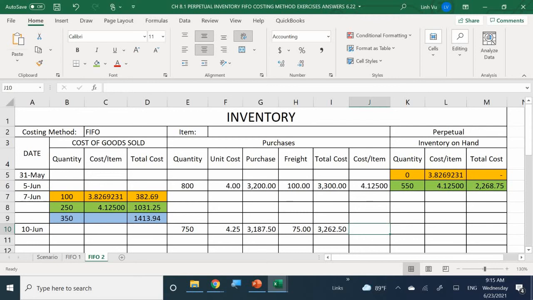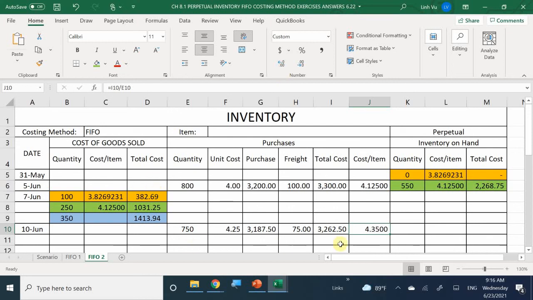So then what is going to be my cost per item here? I got 4.35. We're going to take our total cost here and divide it by my total quantity of 750. There you go. Now I do get $4.35. And I'm just going to double check for purposes. It does go in evenly.